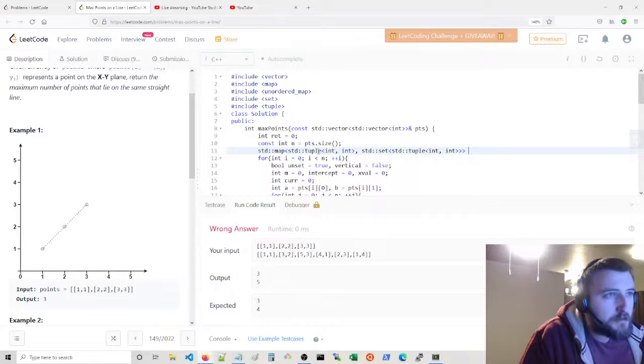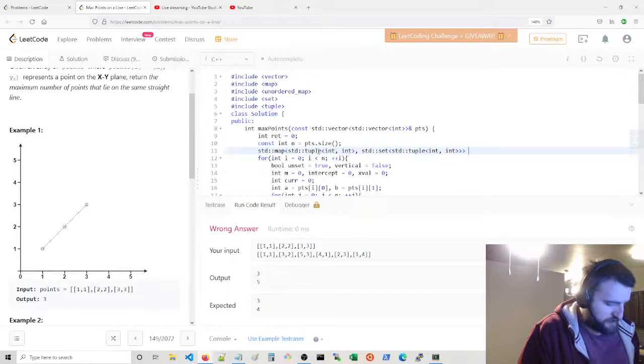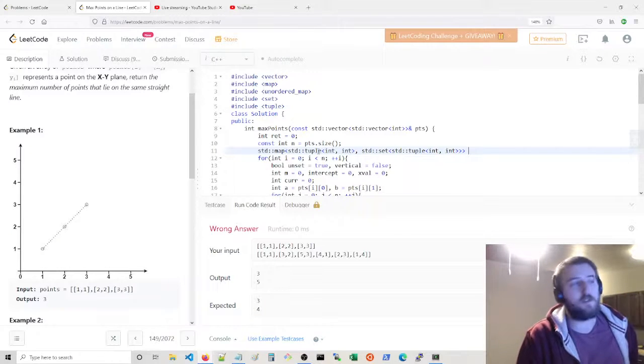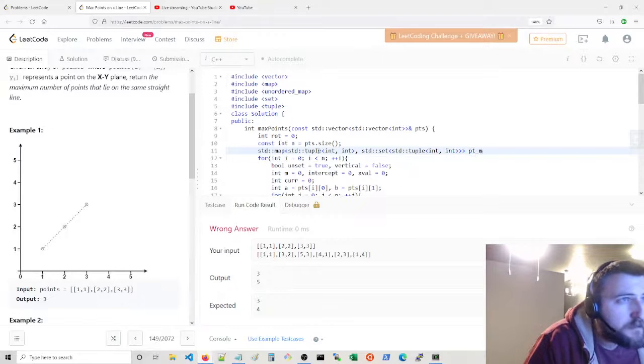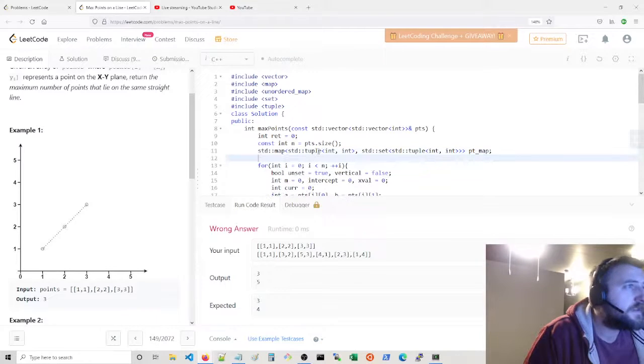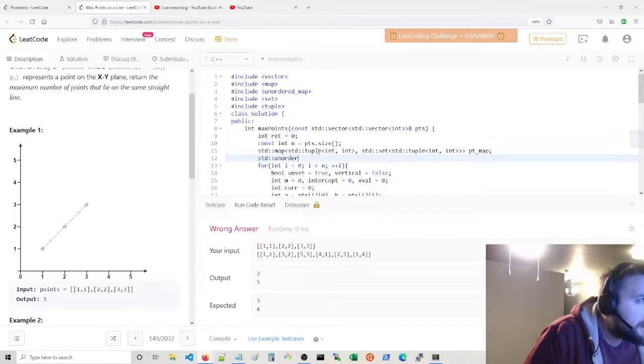Just call this M, or just say, I don't know, what do you even want to call this? Point map. Point map, okay. Then we have an unordered map of the same thing. No, this time it's integers.